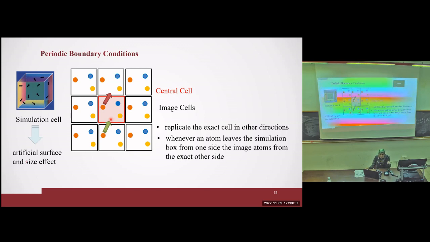In this way, the boundaries of the atoms are open. They are not closed. So we are simulating just a cell, but it's actually representing a bulk state.